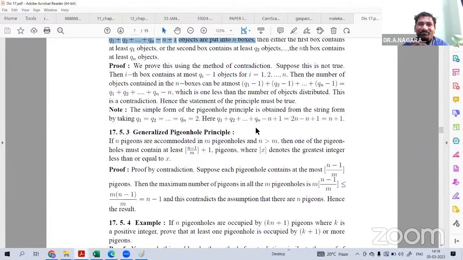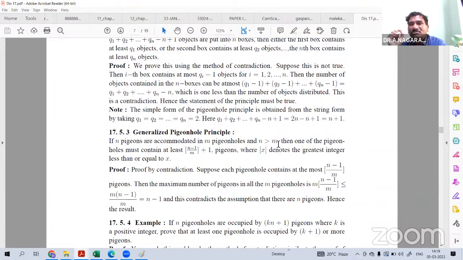Now from the proof point of view also, I am taking Q1, and proving by contradiction here. Suppose that it is not true, then the ith box contains at most Qi minus 1 objects for i equal to 1 to n. Then the number of objects contained in the boxes can be at most Q1 minus 1 plus Q2 minus 1 plus so on Qn minus 1.